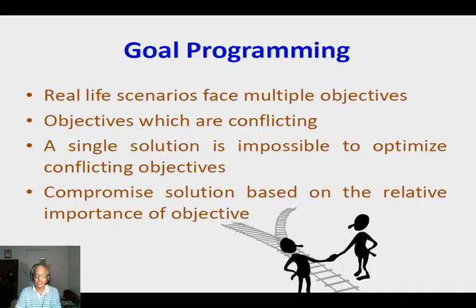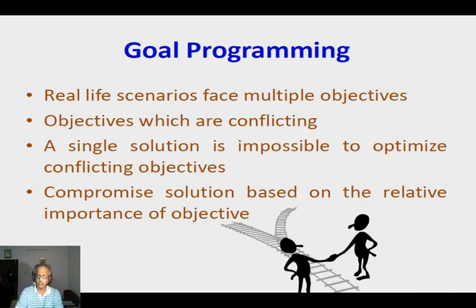Let us come to the subject, goal programming. In fact, when you look at some real life scenario, you will face multiple objectives. It's very difficult to find out a scenario where you will not have more than one objective.